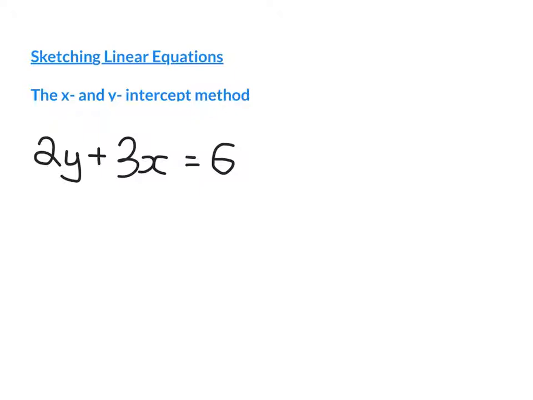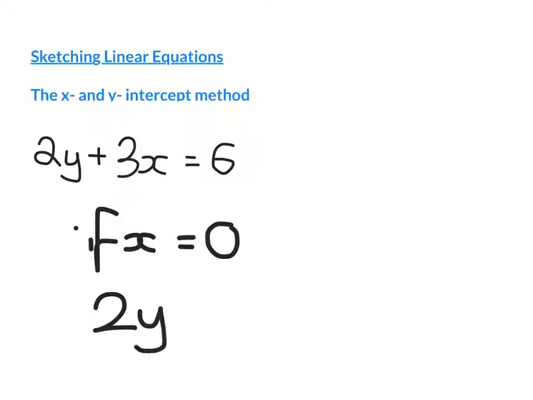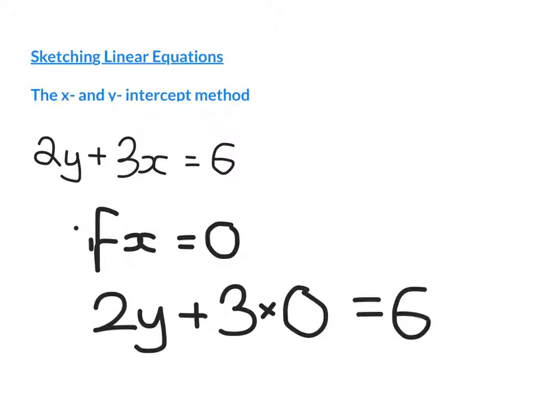And the y-intercept is when the value of x is equal to 0. So, with our equation, if x is equal to 0, if we substitute that into our equation, we've got 2y plus 3 times 0 is equal to 6.